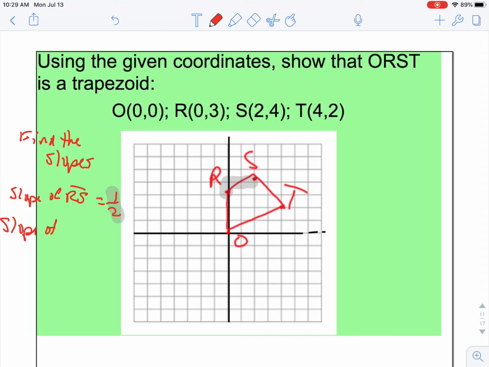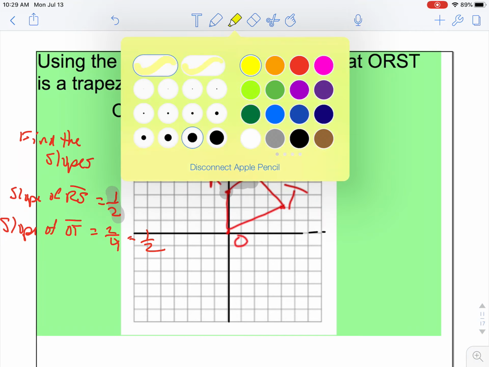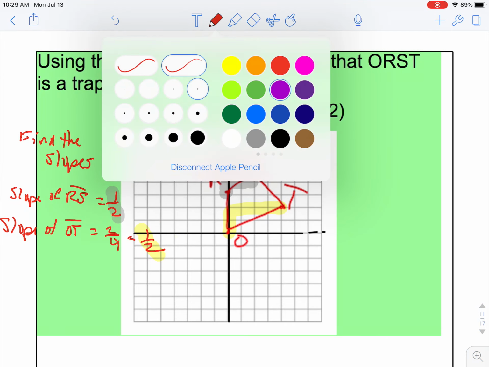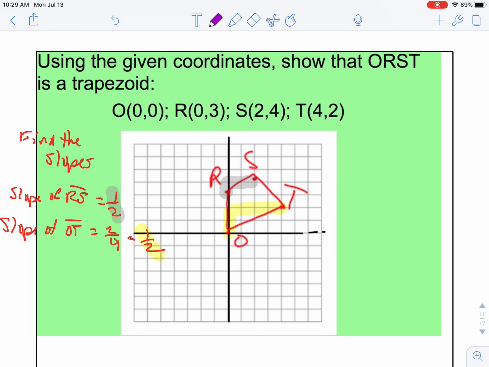Now we can do the slope of OT, and the slope of OT is going up 2 over 4, which is also equal to 1/2. So up 2 over 4, that slope is also 1/2.